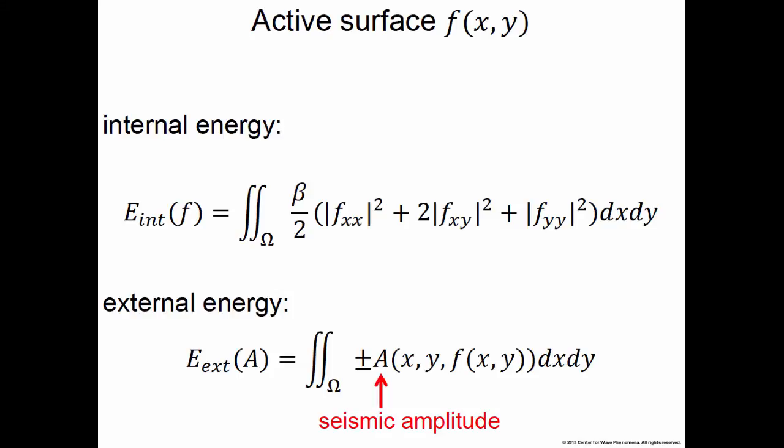And we also define an external energy by using the seismic amplitudes. This term will attract the surface to the seismic amplitude peaks or troughs. For this external energy, if we want to align the surface with the amplitude peaks, we need to use a negative sign here. But if we want to align the surface with the amplitude troughs, we just use a positive sign here.